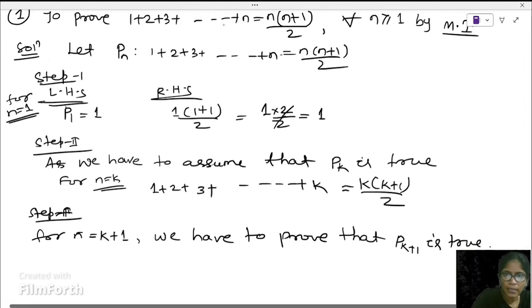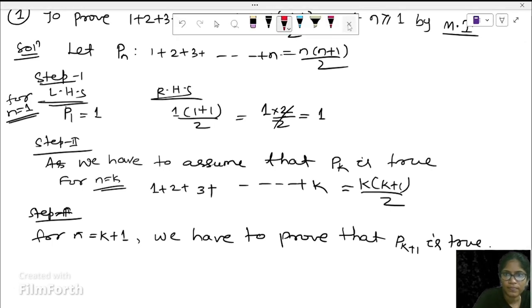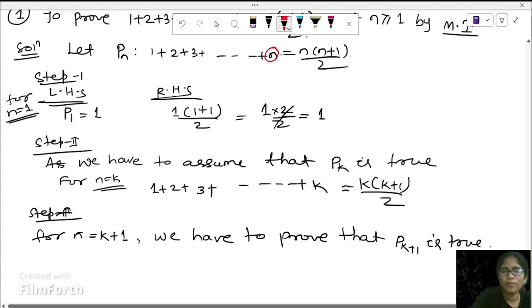That means in place of n, look at it, we will put k plus 1. In place of n, we put k plus 1, by 2.